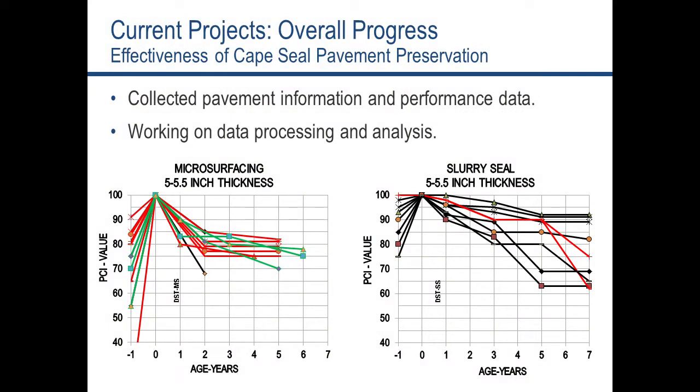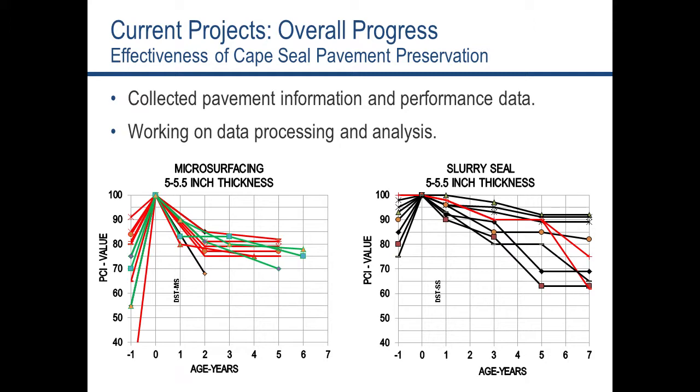I throw this up just because it's really quick research that we've had UNR looking at cape seals, and there's microsurfacing top cape seals and slurry seal top cape seals. And the microsurfacing stuff starts out in a big range of pavement condition.